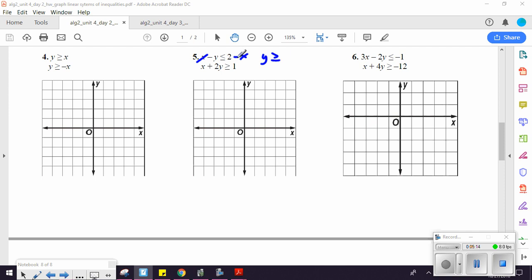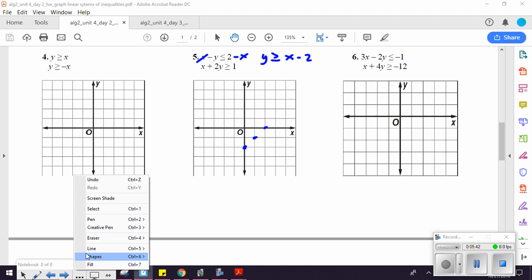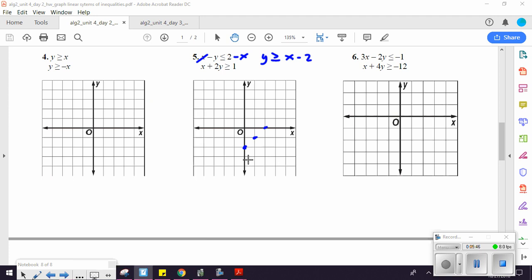Then -1 divided by -1 is a positive 1x, and positive 2 divided by -1 is a -2. So I would plot -2 as my y-intercept. My slope is 1 over 1, up 1 over 1, up 1 over 1. This is going to be a solid line because of the equal to bar.